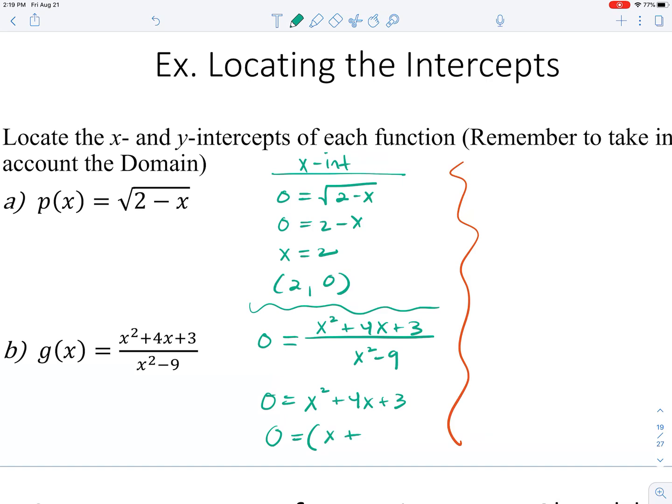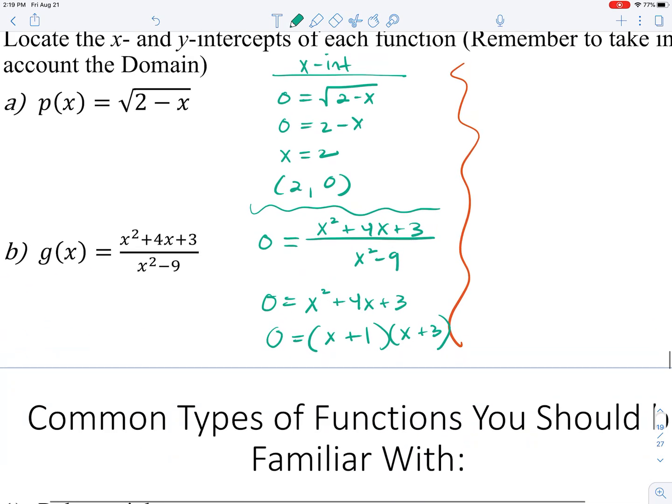Okay, so I can factor that. And I get x equals -1 and -3. Okay, so it almost looks like we would have two different x-intercepts. The thing is, you need to pay attention to the domain.